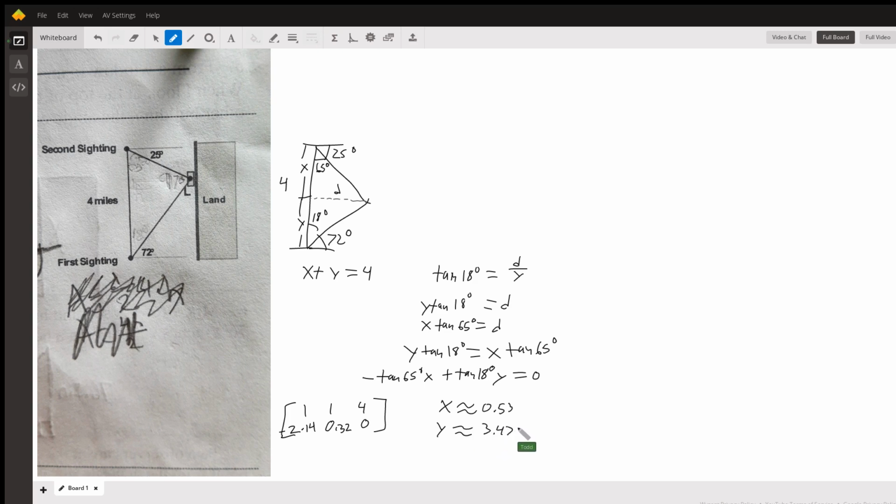Right? But really what we're after is the distance, right? So we need to take either one of these and multiply by their respective tangents.